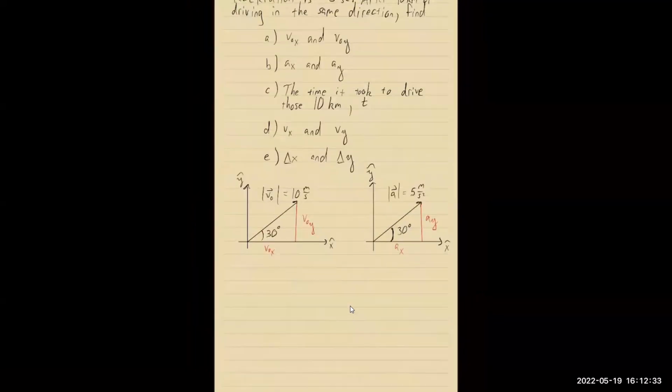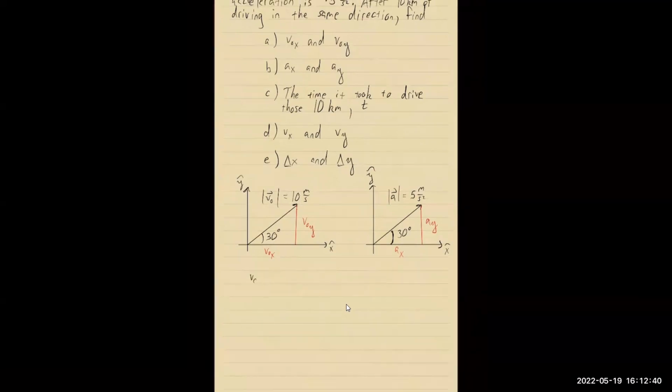And so using the trigonometry that we know, the x component for our velocity vector, v naught x, is equal to the magnitude of our initial velocity vector times cosine of theta. All right, so that's going to be 10 meters per second times cosine of our angle, which is 30 degrees.